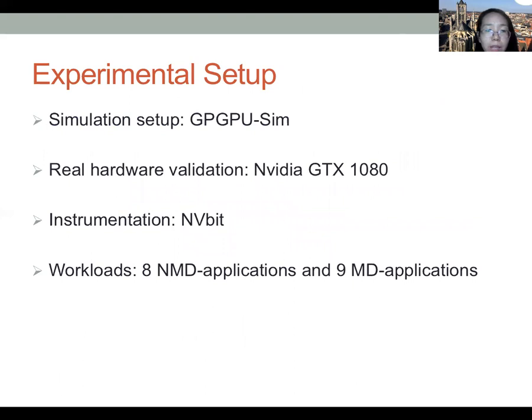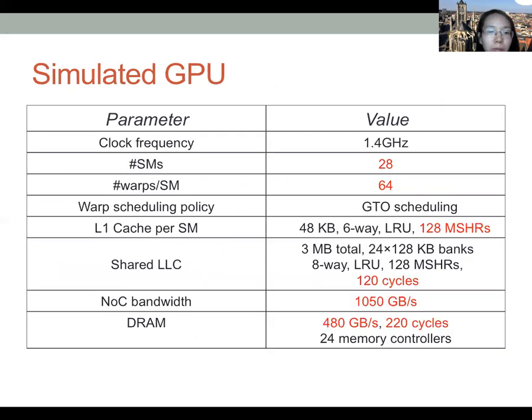We compare MDM both with cycle-accurate GPU simulation and real hardware, the NVIDIA GTX 1080. In order to collect traces, we extend the NVBit binary instrumentation framework. As for workloads, we select 17 applications, 8 non-memory divergent applications and 9 memory divergent applications, to evaluate MDM. This table shows the simulated GPU configuration.